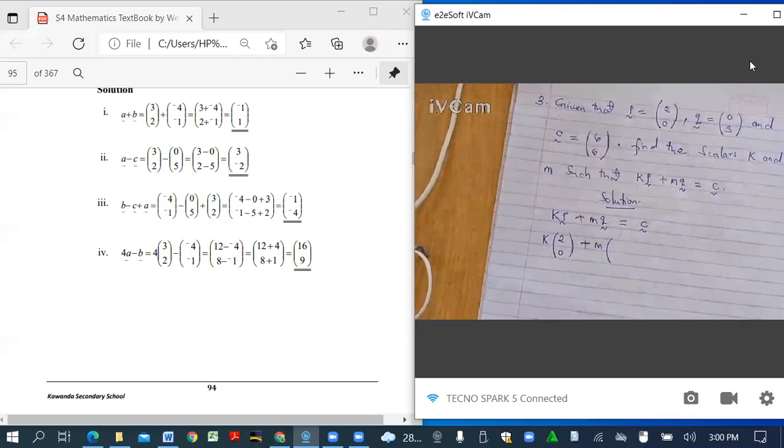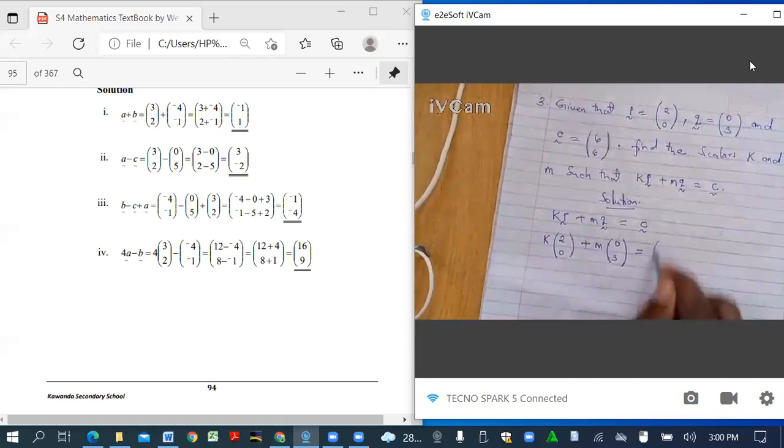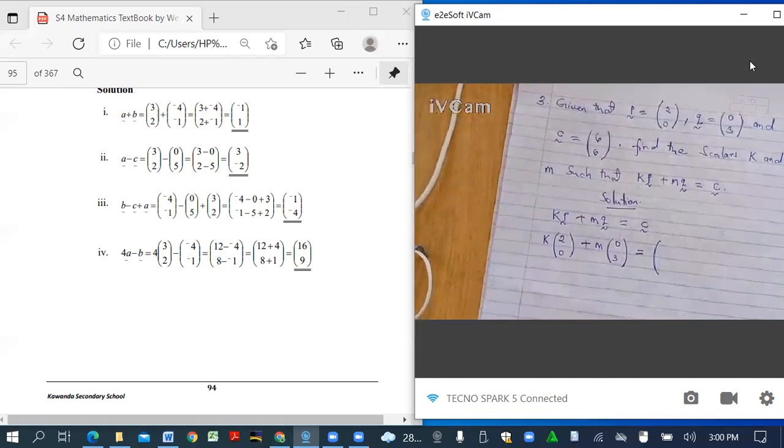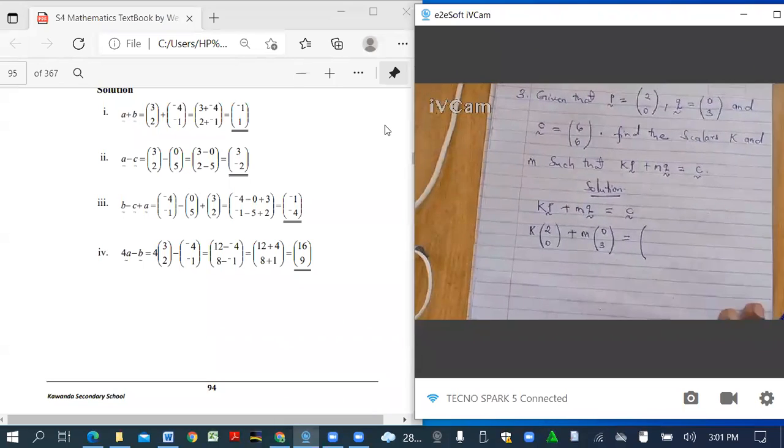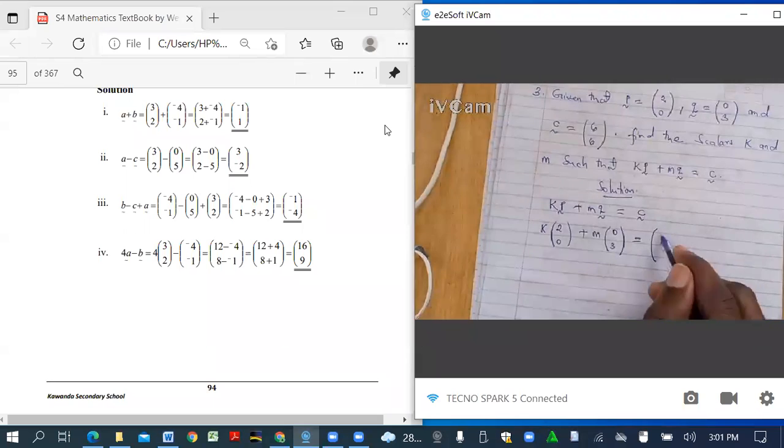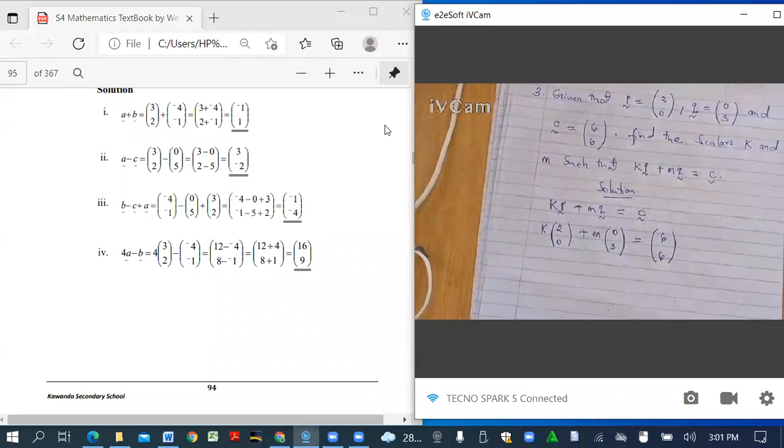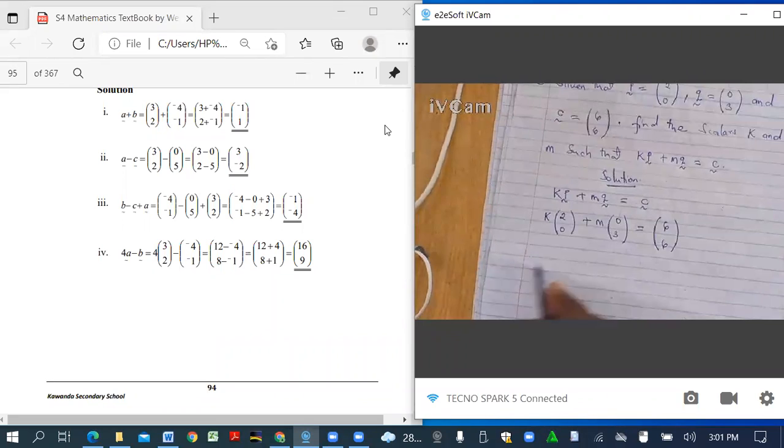It is 0 and 3. Good. Equals to, what is vector C? Cynthia, what is vector C? Is it 6 and 6? Good.